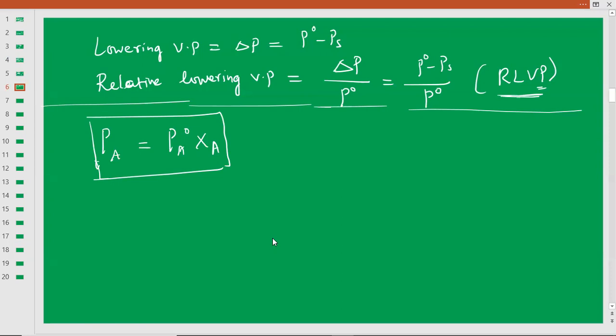Assuming this is for A, what is XA in this? XA is the mole fraction of solvent.